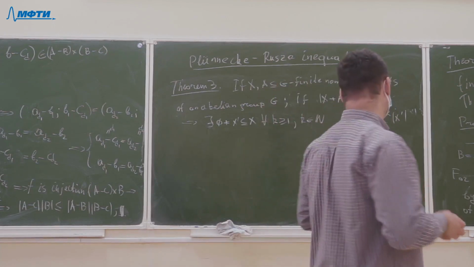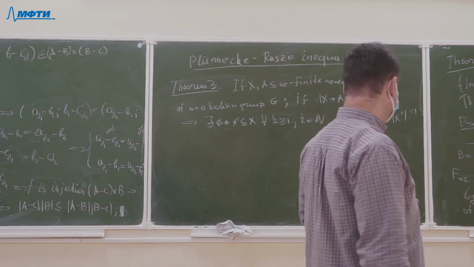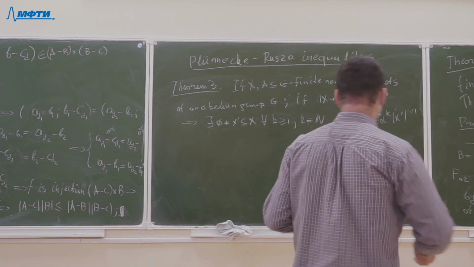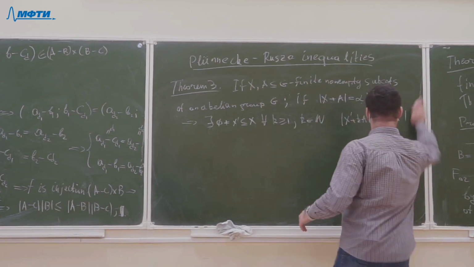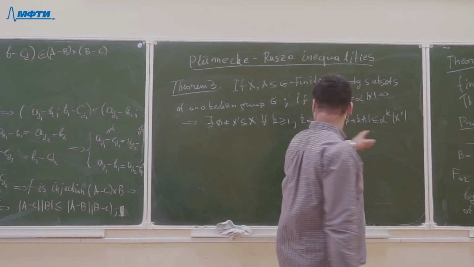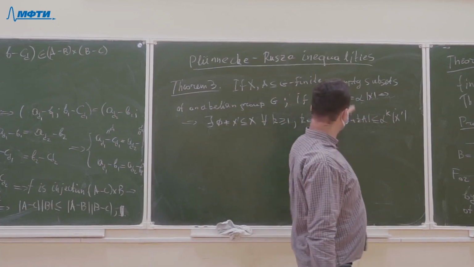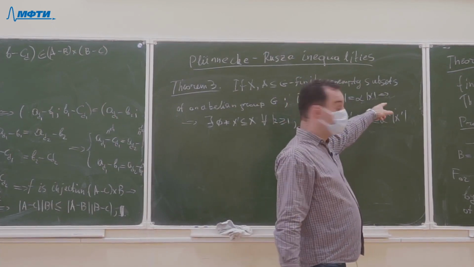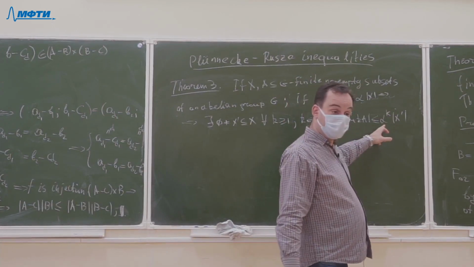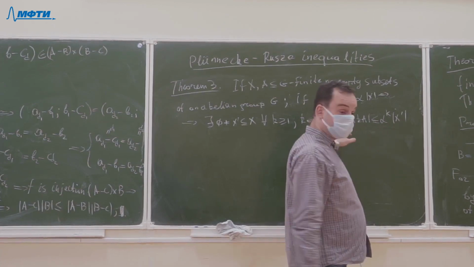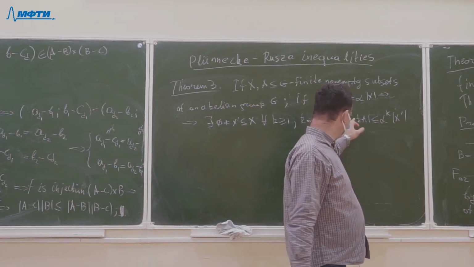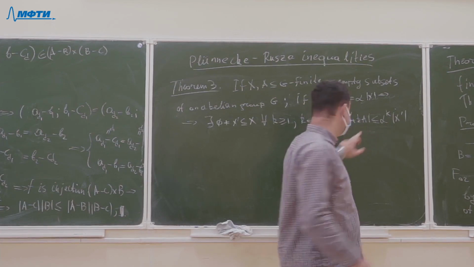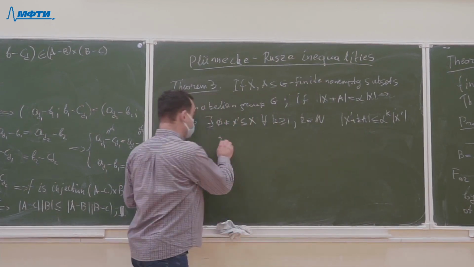Why is it a partial case of the general Plünnecke-Ruzsa inequalities? Just because, look, alpha is x plus a divided by x. In the kth power, this is the version of Plünnecke-Ruzsa when the A's are equal. Do you know what ka is?